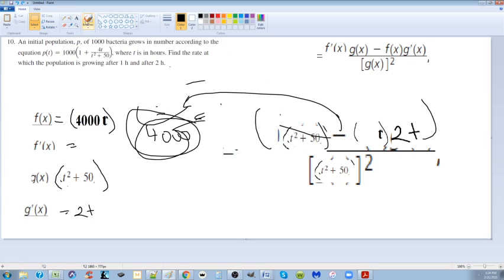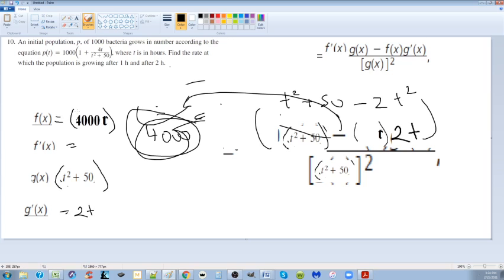So over here, we just have t squared plus 50. And over here, it becomes minus 2t squared, right? That makes sense. And I'll just make sure that's correct. So f of t has become t. And that means its derivative has become 1, yeah?